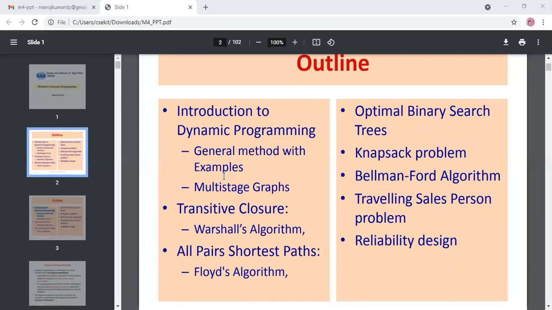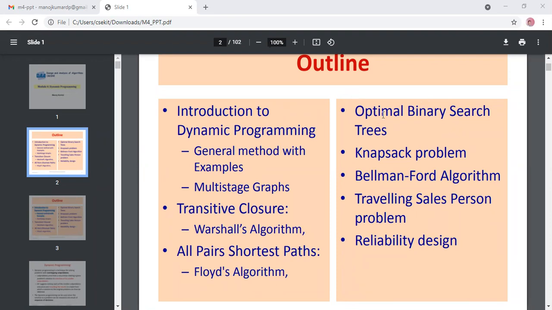Next, we have transitive closure using Warshall's algorithm, and all pairs shortest path using Floyd's algorithm, which is similar to Dijkstra's algorithm. What we saw in the greedy method was Dijkstra's algorithm for shortest path; Floyd's algorithm is similar to it.